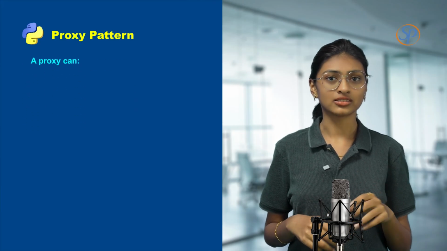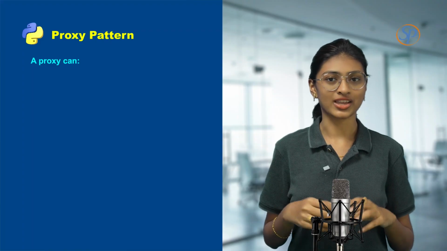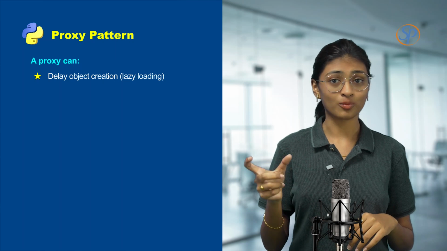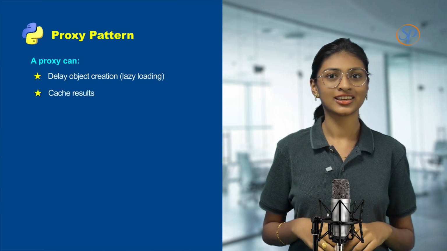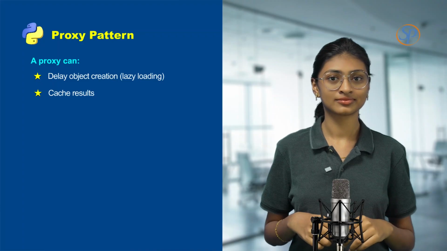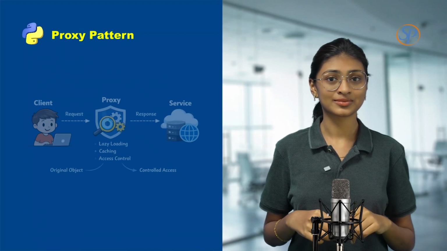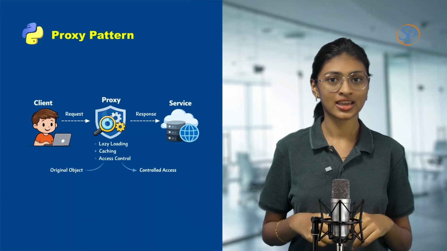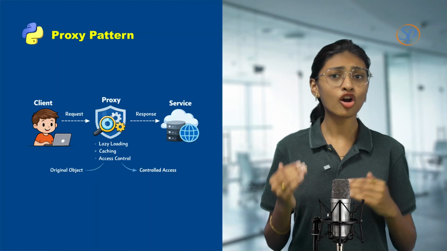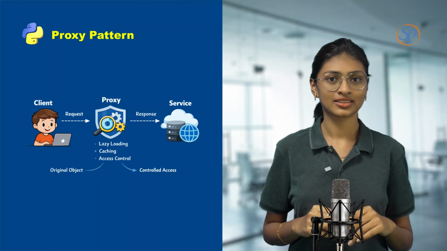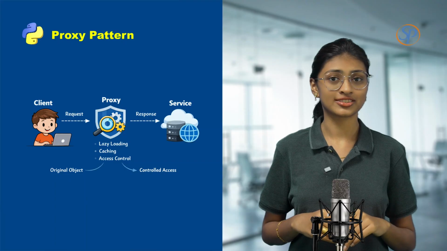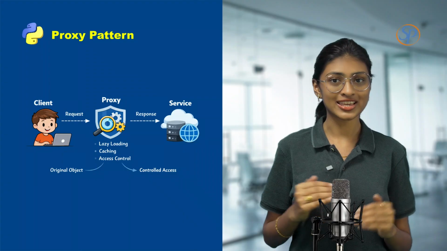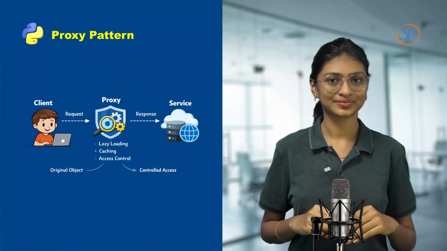The proxy pattern controls access to an object. A proxy can delay object creation, lazy loading, cache results, enforce permissions. For example, accessing a remote service, adding authentication before calling an API, caching expensive operations. The original object stays unchanged. The proxy manages the access.